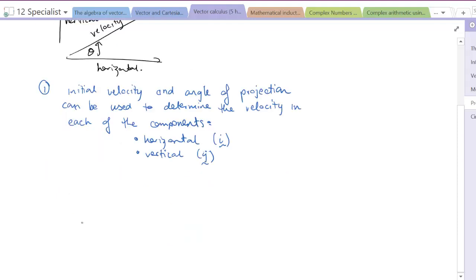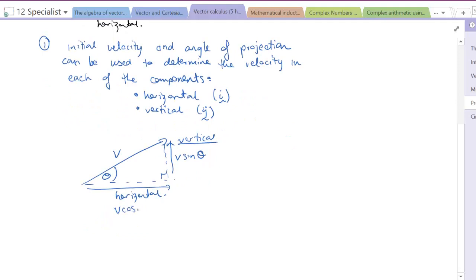Essentially, we're looking at some velocity at a given angle from the horizontal. Because this is a trigonometric scenario, we can use v sine theta to get our vertical velocity, so this is this vector component, and to get the horizontal, we can use v cos theta.